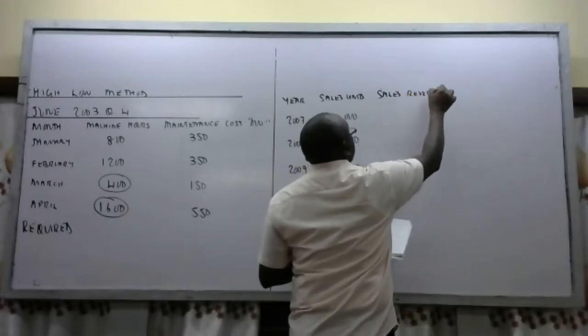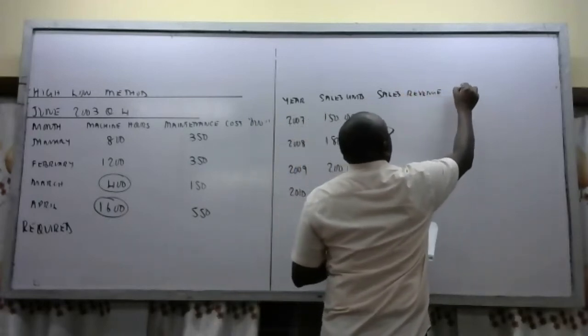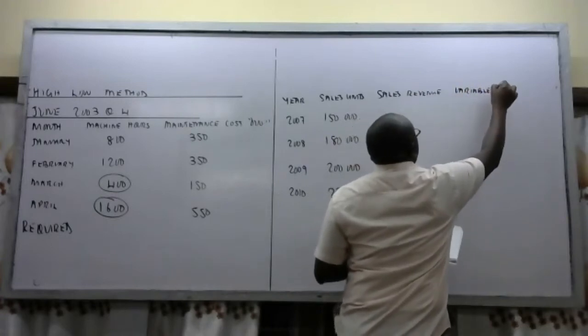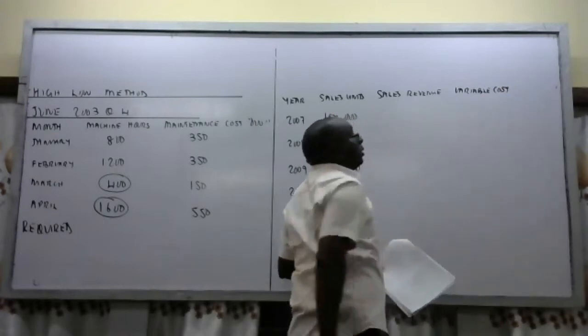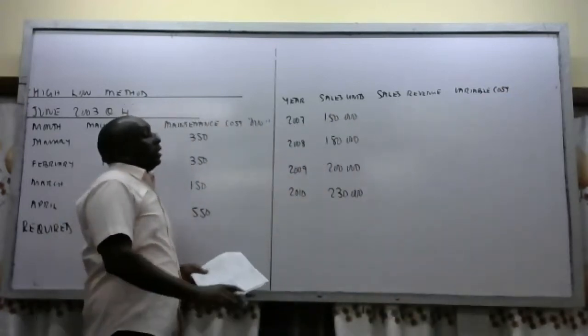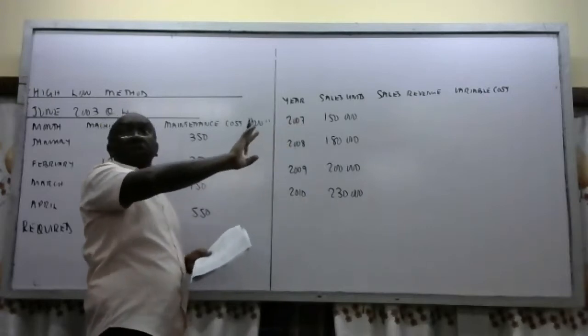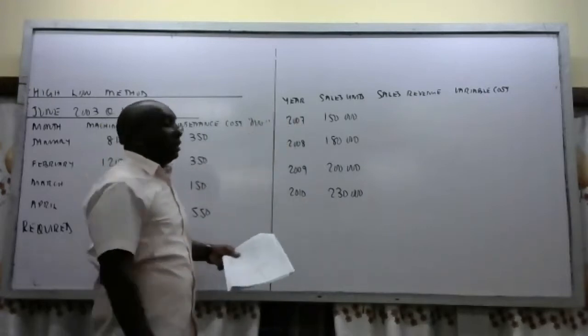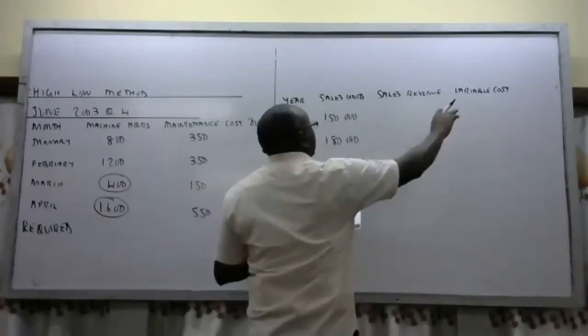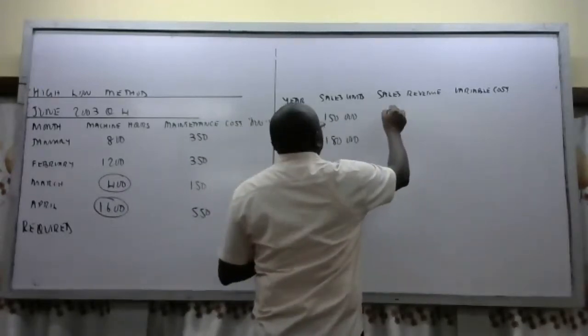Then we also have variable costs. Then in the solution you require another column, although it's not given here. So leave a little space there.